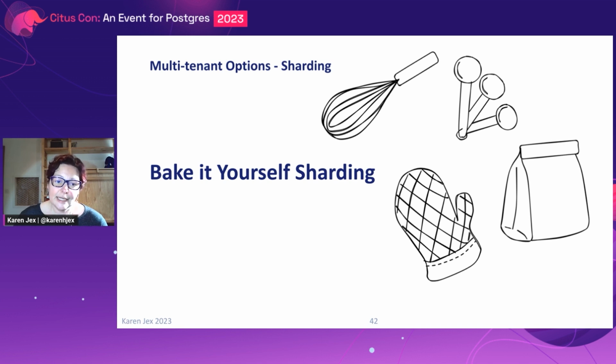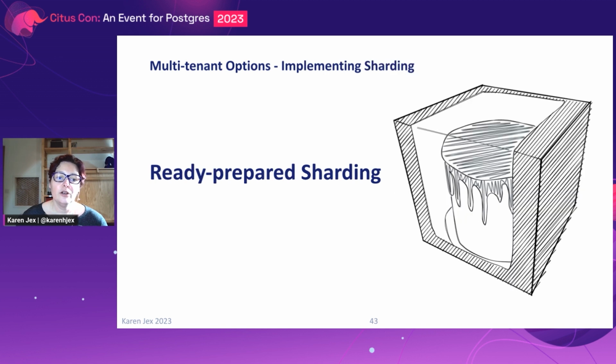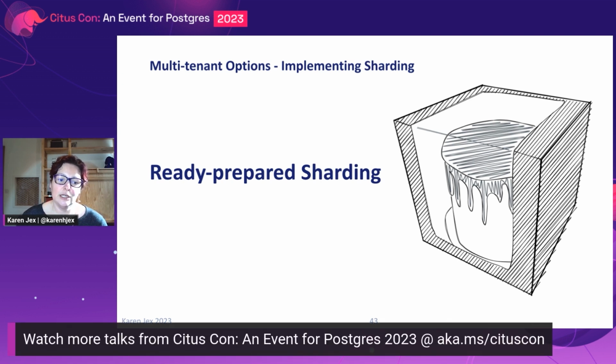There are lots of steps involved, and it's complicated, and it's almost definitely not something that you would want to implement for yourself in production. Fortunately, you don't have to. You could use an extension such as Citus to do all the heavy lifting for you if you decided that sharding was the right architecture for you.